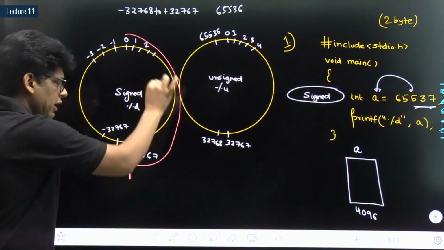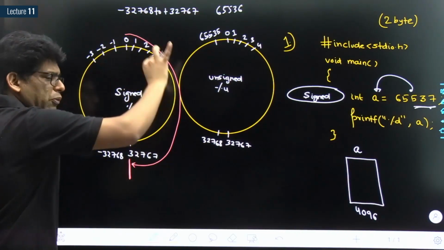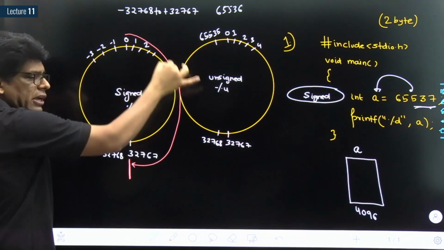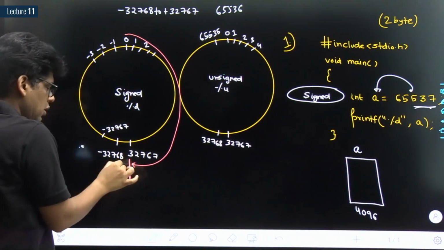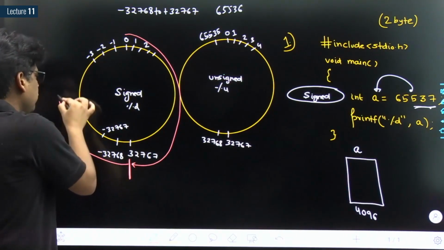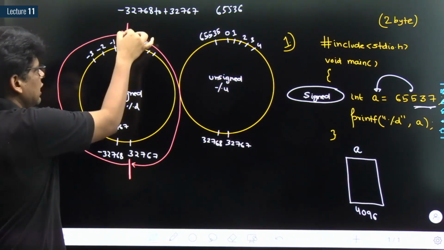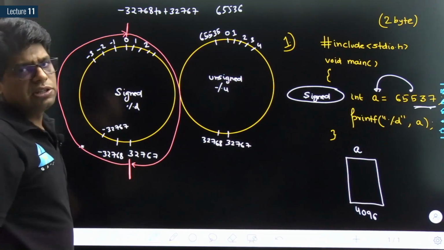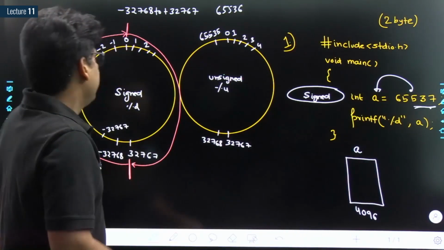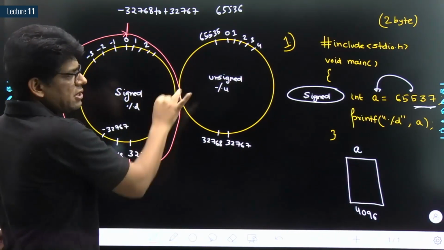Sir, because our number is positive, we will keep moving in this direction, clockwise. Okay, we keep on moving. How many numbers already covered? Sir, this circle contains 65536 numbers. That means we have already covered 65536 numbers.